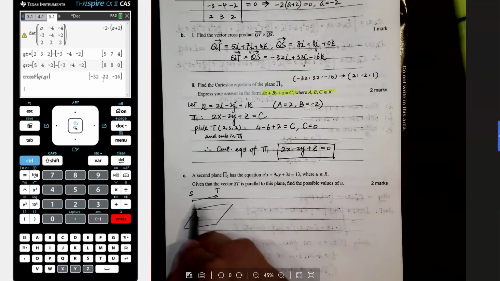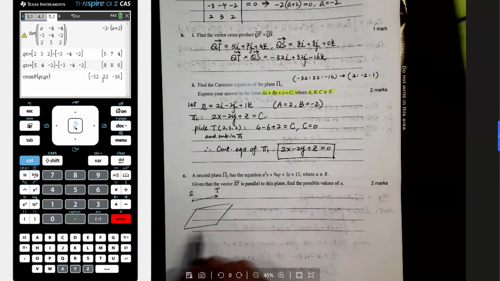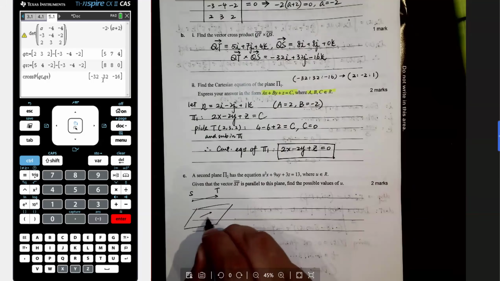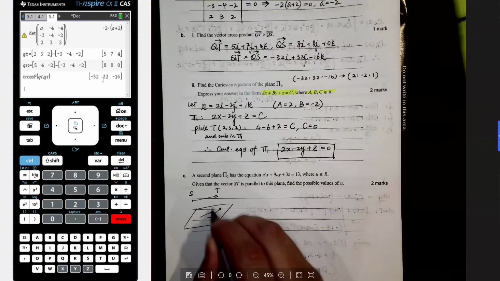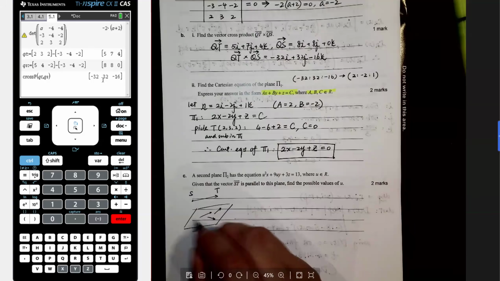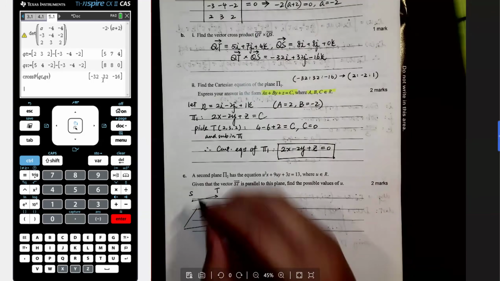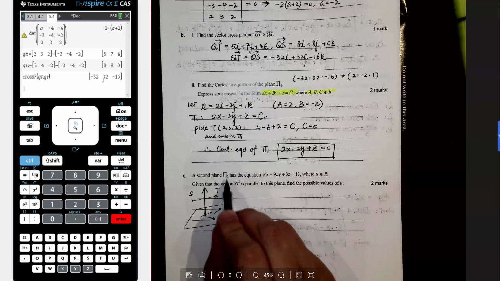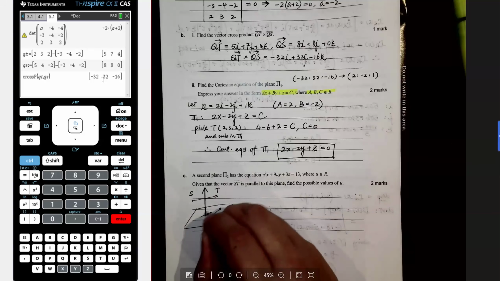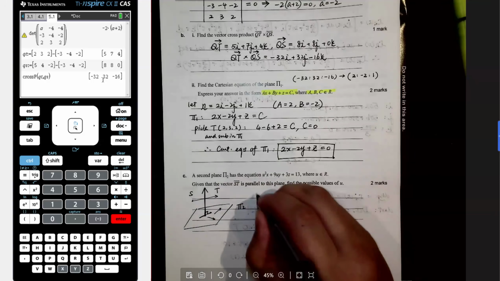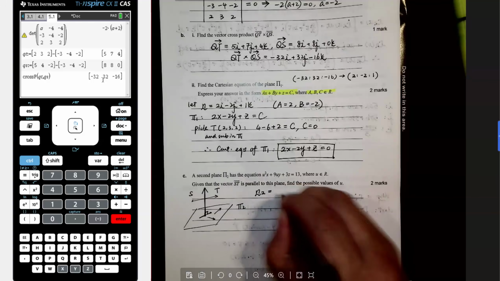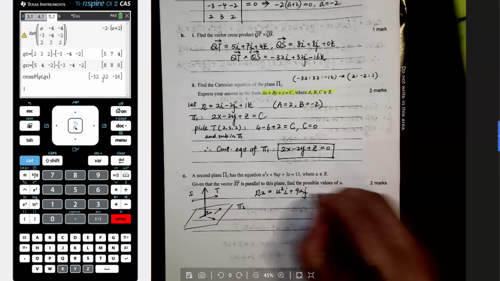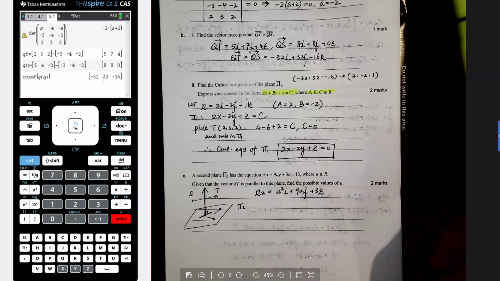But if this vector is parallel to a plane, I couldn't actually use any vectors in the plane, maybe here, here, or here, because it has an infinite number of directions. It doesn't help. But one thing unique regarding this plane pi2 is the perpendicular vector. So we say the perpendicular vector n2 equals u squared i plus 9uj plus 3k.